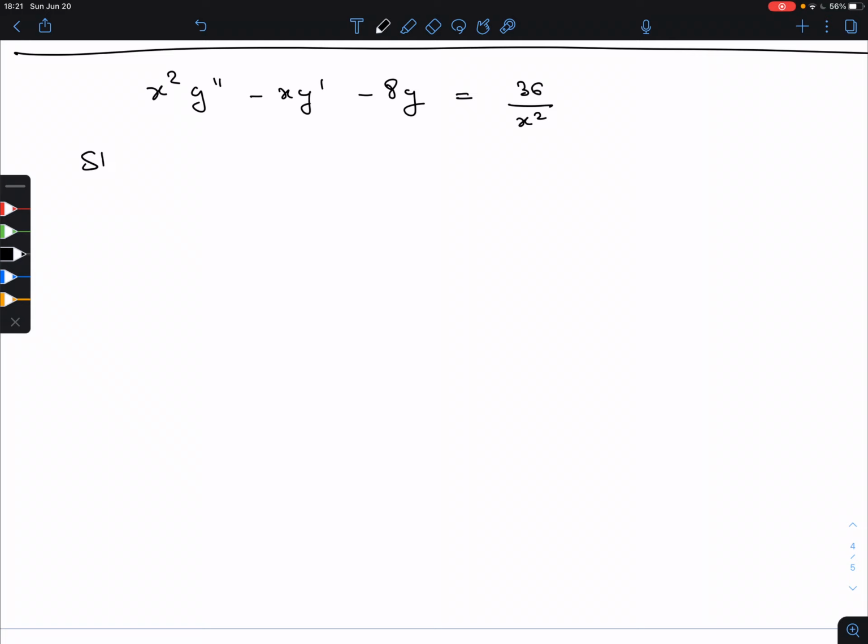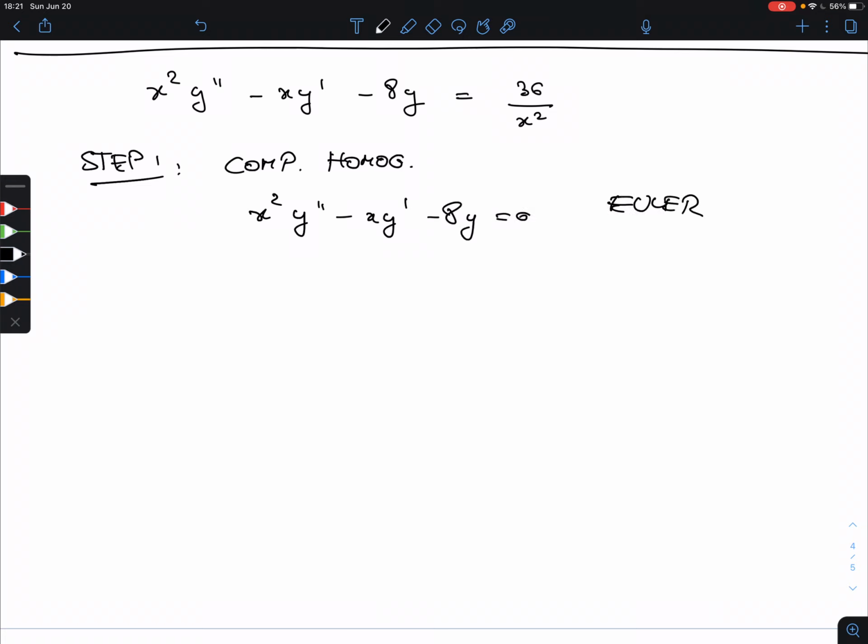So step 1 is the complementary homogeneous. That's a step we always do, but this time it's not a constant coefficient one. So this is an Euler equation. If it's an Euler equation, we look instead to the indicial polynomial and not the characteristic.